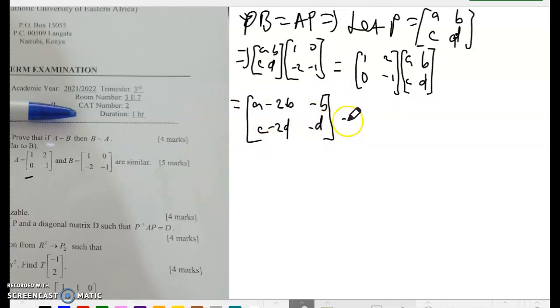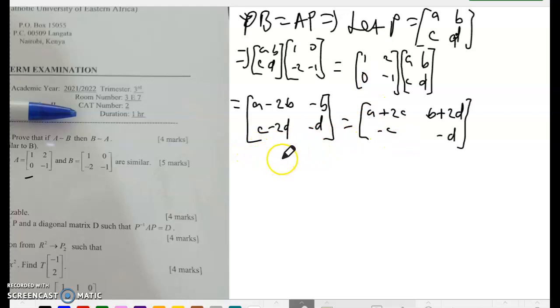And if we multiply A by this matrix P, we simply have a plus 2c, then we have b plus 2d, this will be negative c, and this will be negative d. What we have done is matrix multiplication. You can watch the previous video where I did matrix multiplication so that you know how to multiply two matrices. But when we multiply these two matrices, this is exactly what we get.